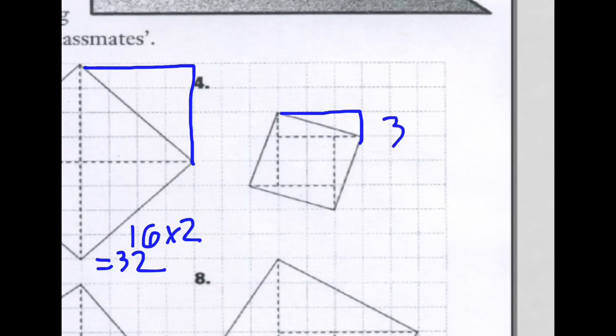Now there's 4 of those triangles all together, so I'm going to double it, and that's 6. And then I'm going to add those 4 in the middle, and that's going to tell me that the area of this full square is 10. And I don't have to count up small pieces of little squares to get that.